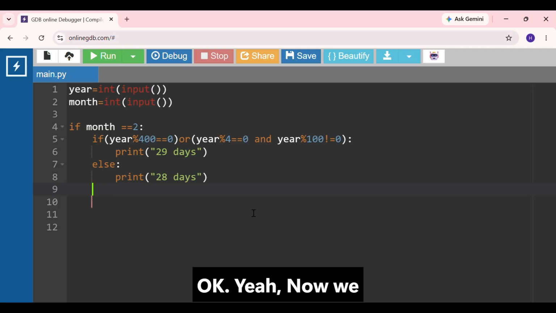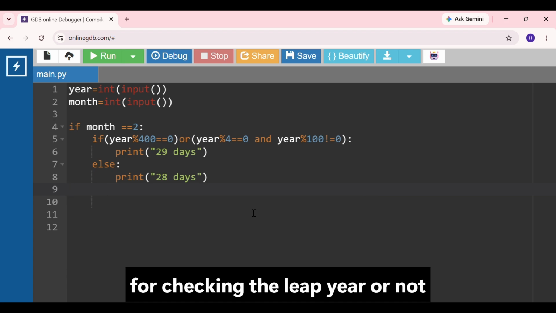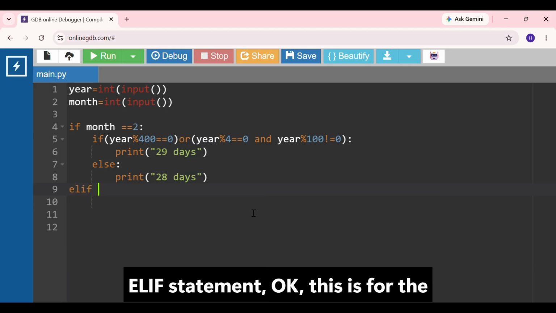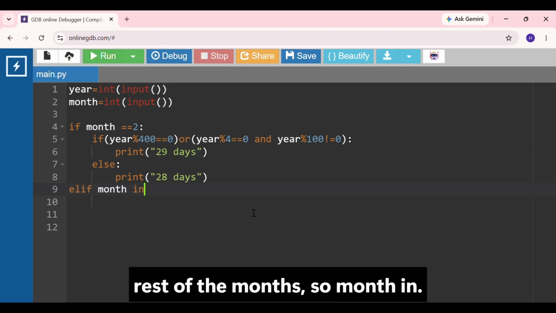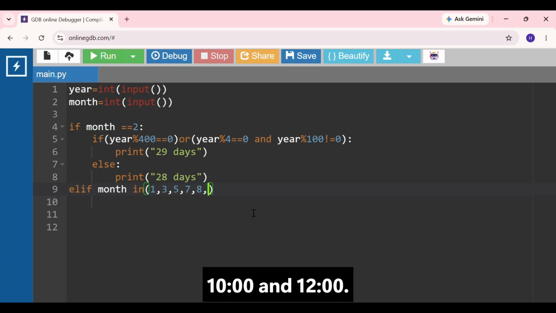Okay. Now we are done with the second month, Feb, checking whether it is a leap year or not. Now we use this elif statement. Okay, this is for the rest of the months. So month in 1, 3, 5, 7, 8, 10, and 12.